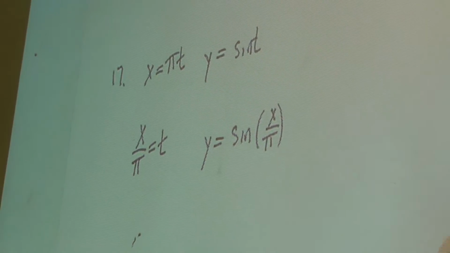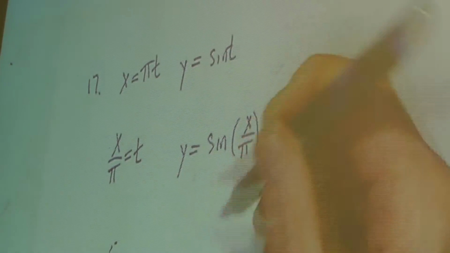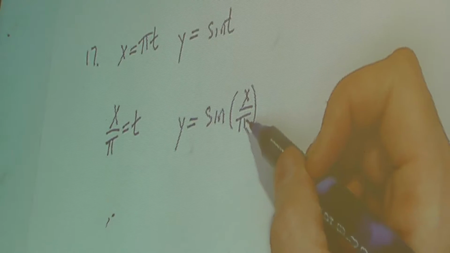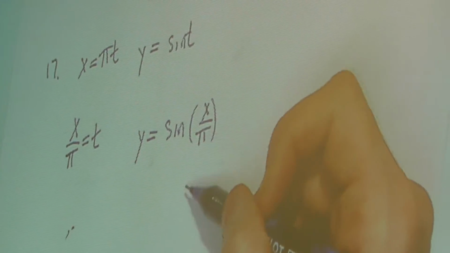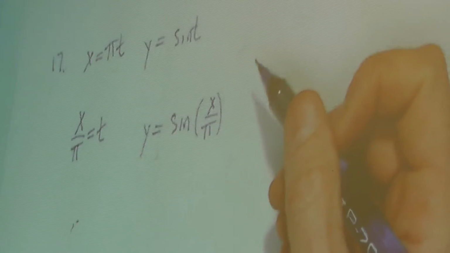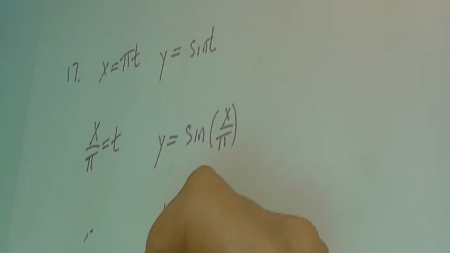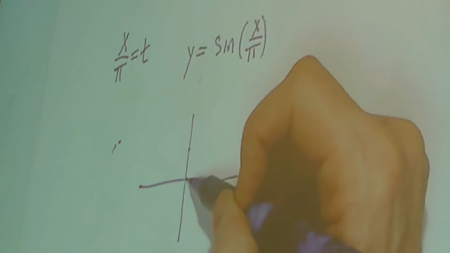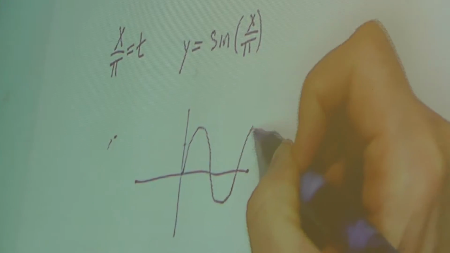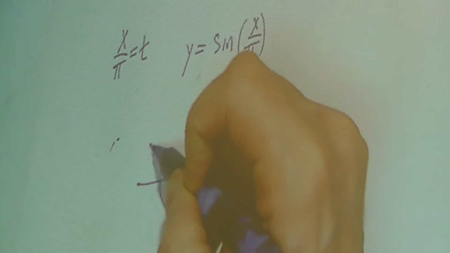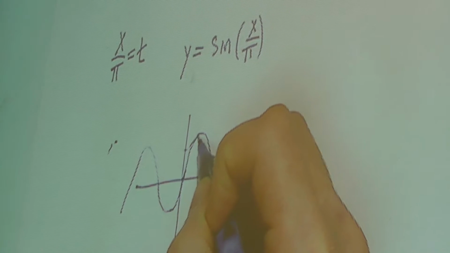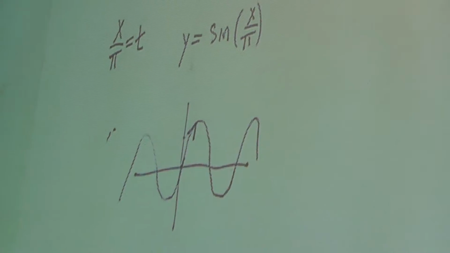And then as far as sketching the graph here, it's an issue of figuring out what the period is, and you're going to get a sine function of whatever period, and motion's going to go that way.